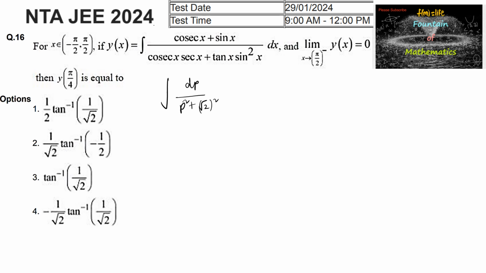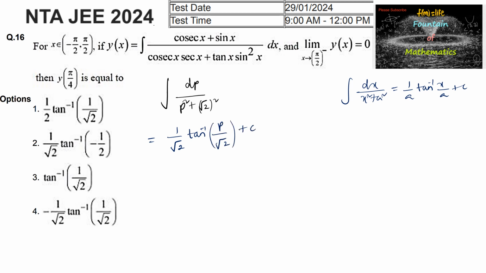And we know that the integral of dx upon (x square plus a square) is equal to 1 by a tan inverse of x upon a plus c. So we can write 1 by root 2 tan inverse of p divided by root 2 plus c. Here p is t minus 1 by t, divided by root 2 plus c, and t is nothing but sin x.